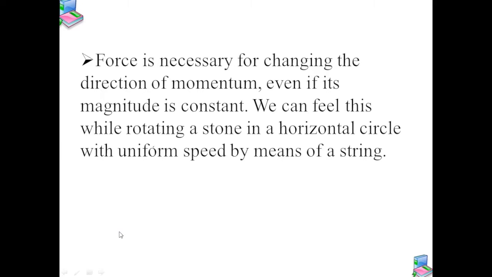Suppose you take a stone which is tied to a string like this, and you rotate it with uniform speed. Suppose a stone is rotated with uniform speed in a horizontal plane by means of a string.